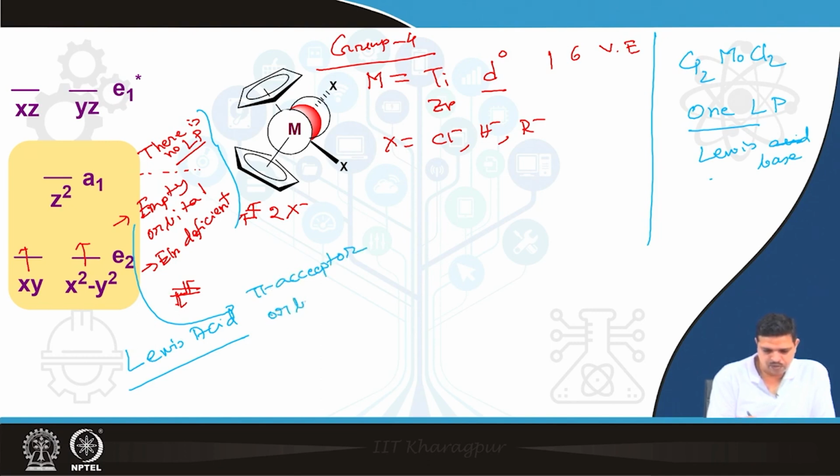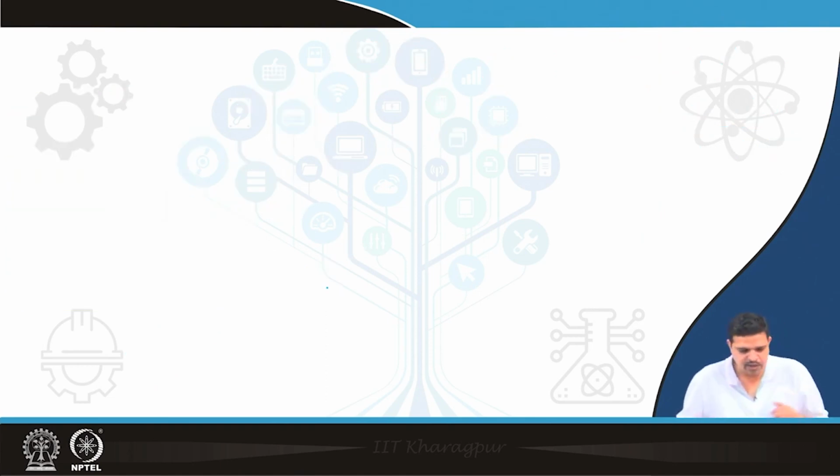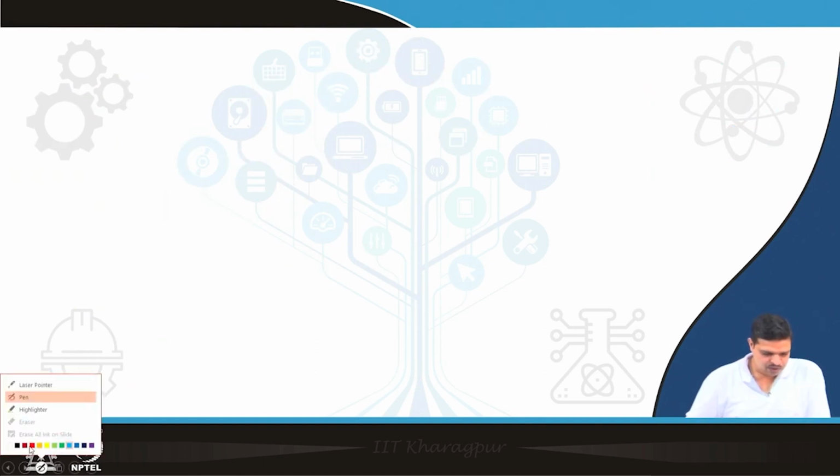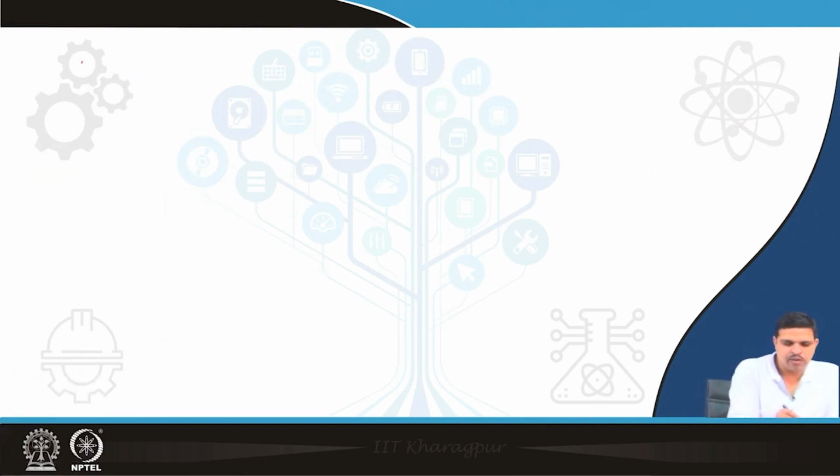Okay, so let's see what can give the extra feature for these metallocene compounds, where the metal is titanium or zirconium.